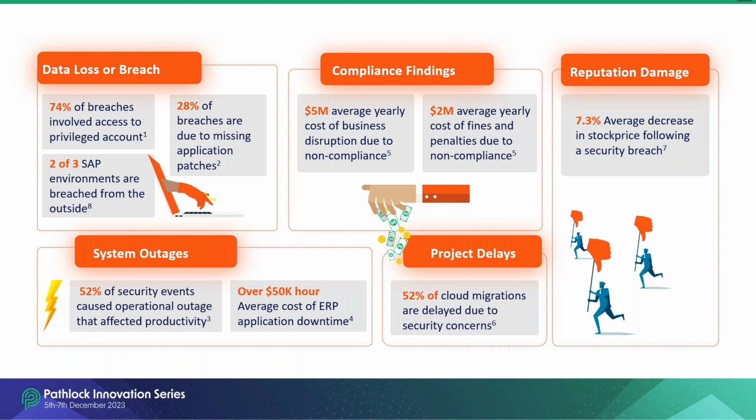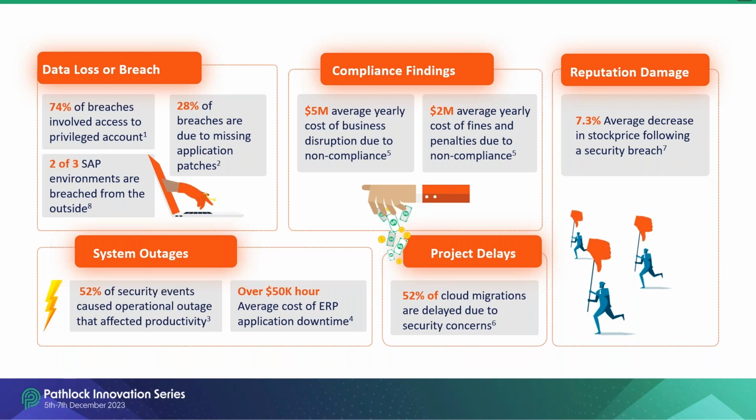Sometimes you need to do that in just one country, but if you're an international company, you need to fulfill the US compliance standard, as well as maybe Europe or the Middle East, and each country has different levels of compliance. You have to comply in the whole landscape. And of course, if you don't, you get a fine. That's the $2 million average yearly which companies have to pay.